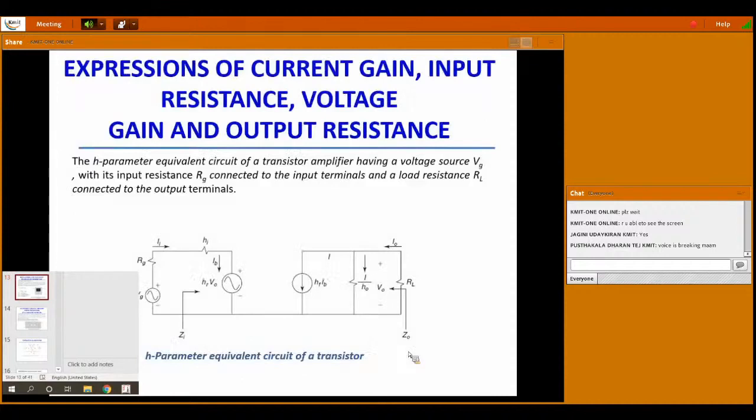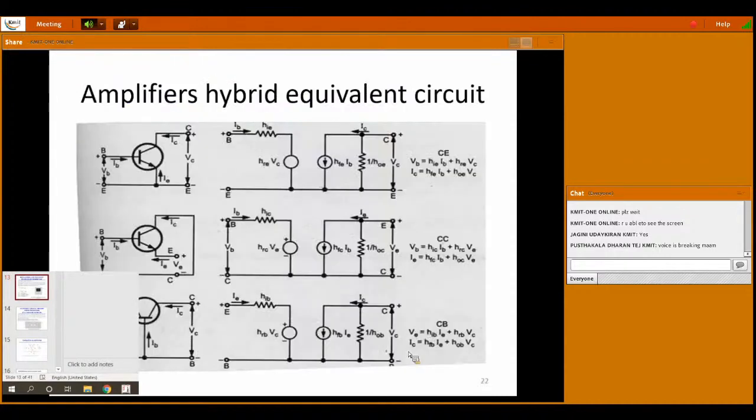Next, in the next class we are going to do the comparison, as well as analyze each parameter, how to calculate it in each configuration, and what the relation is between the H parameters, and how to calculate the overall voltage gain and overall current gain, as well as input resistance and output resistance.